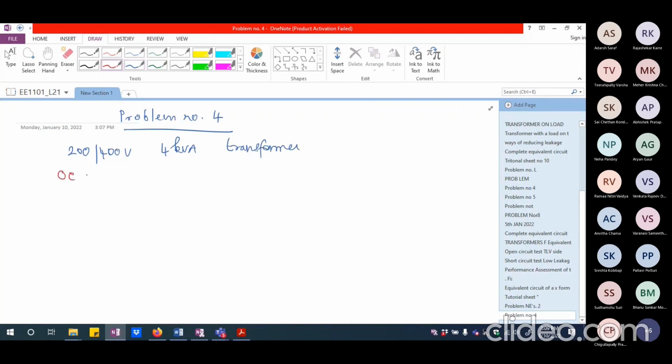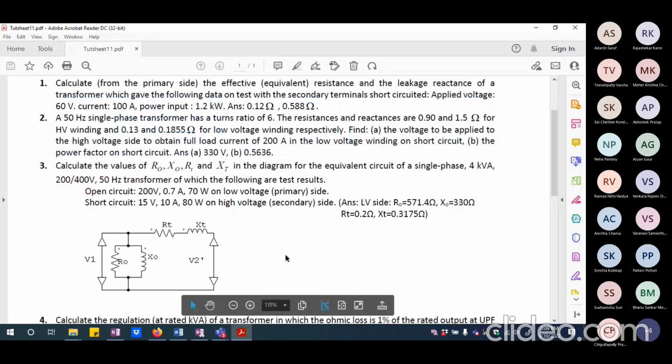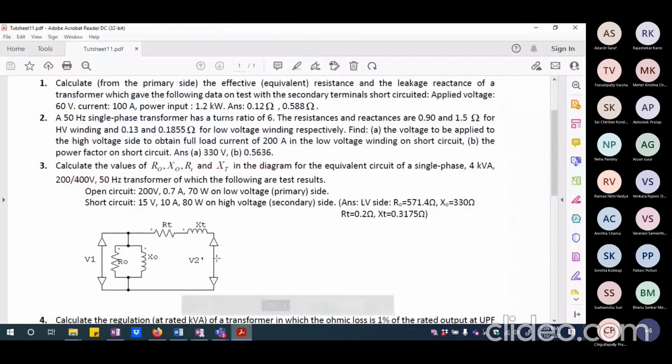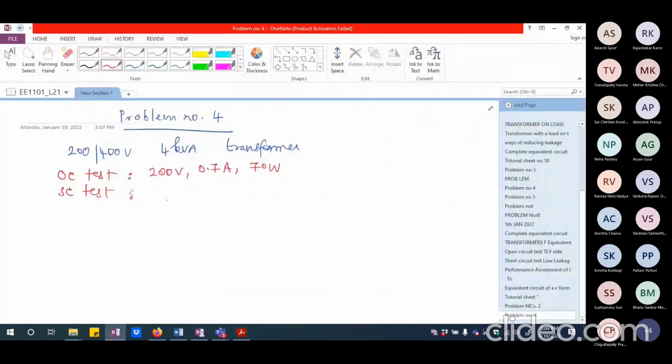What is given is open circuit test and short circuit test data. So open circuit test data is 200 volts, 0.7 ampere, 70 watts. And short circuit test data is 15 volts, 10 ampere, 80 watts.